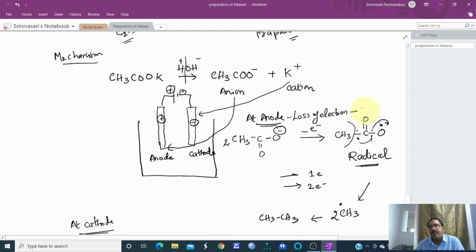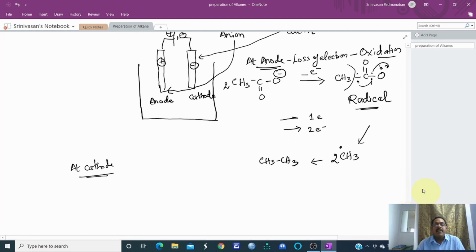We call it, one more time, oxidation. Loss of electron is oxidation. Otherwise we can say oxidation takes place at anode. If we put here, it is the reverse: reduction takes place at cathode. Reduction means gain of electron. So loss of electron at anode, gain of electron at cathode.